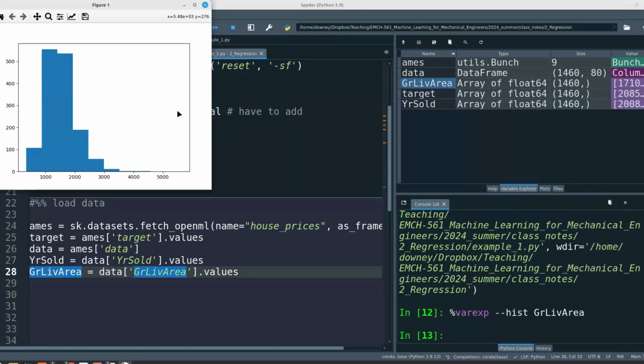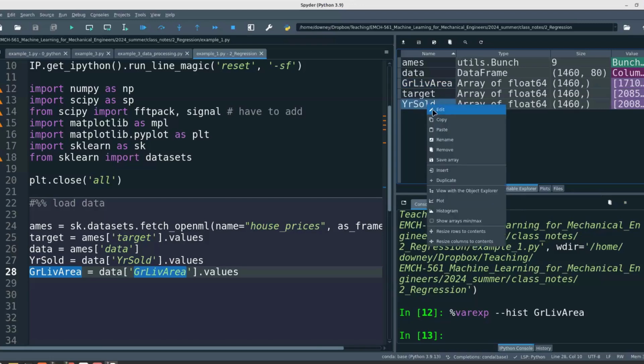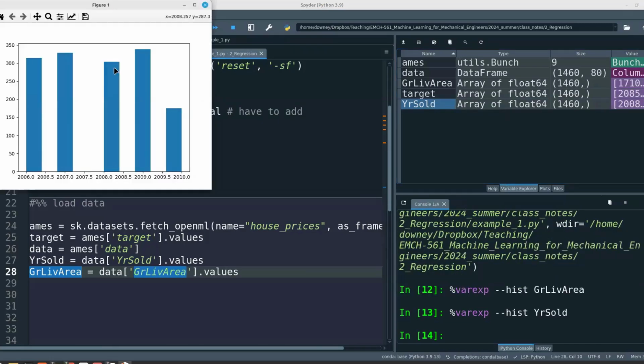Then you can look at the average house in Ames, Iowa, which is like 1,400 square feet or something. And then there's the year sold here. So let's see if we can see the Great Financial Recession. Histogram, 2008.